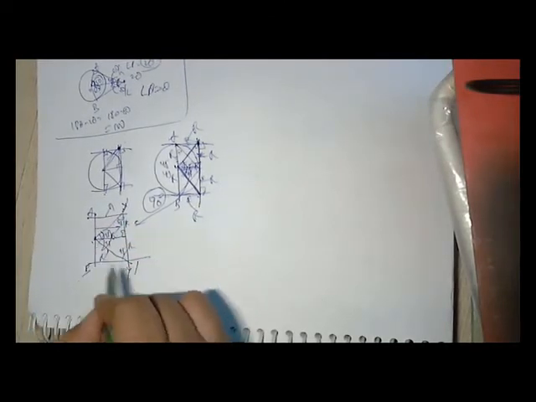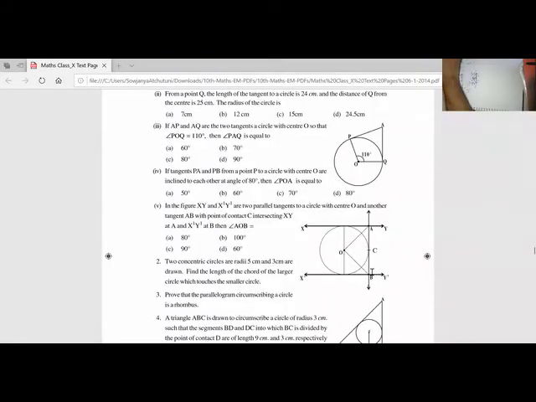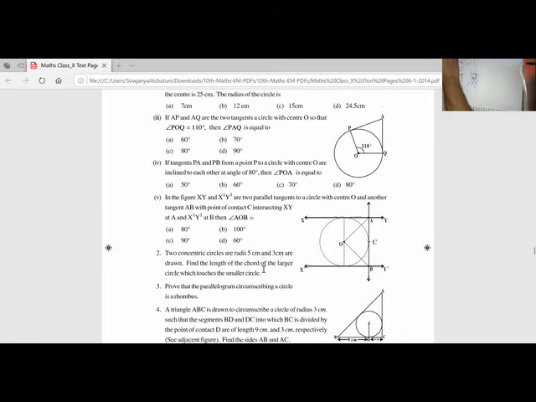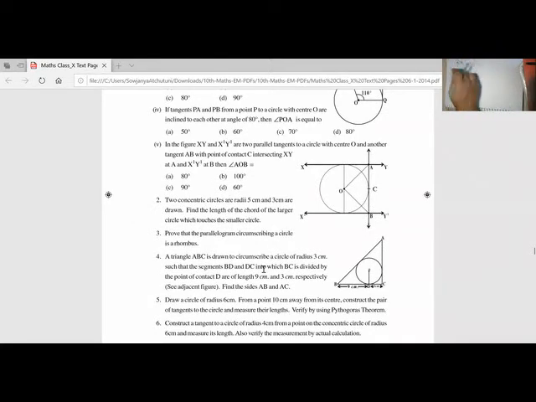So the total angle AOB, or X dash OY dash, is 90 degrees. So angle AOB is 90 degrees. Why? Because all are parallel lines. You see what is given here? XY and X dash Y dash are two parallel tangents, another tangent with the point of contact at C intersecting. So this is 90, when I put R, this is 90. That means everything is a 90 degree angle here. Or we can say another way also.